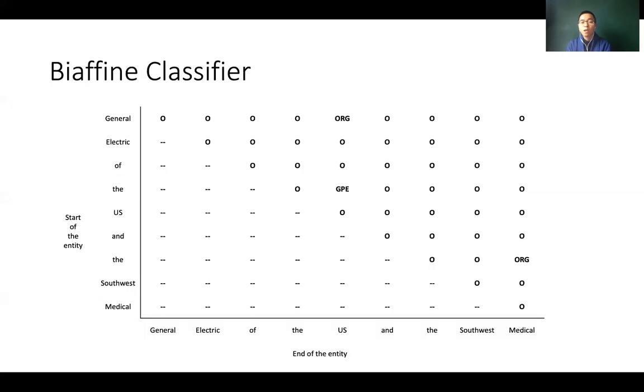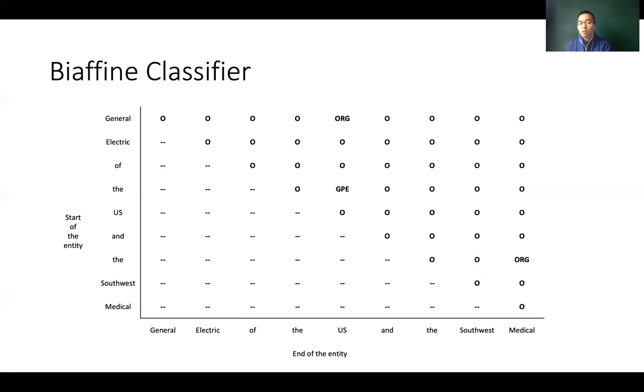So let's take a look at the output of the biaffine classifier. After you put in the start and end indices, and after the matrix multiplication, you will get those matrices, which give scores for each of the individual token combinations.